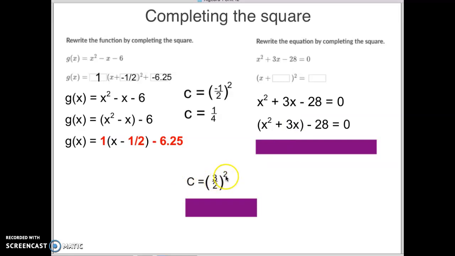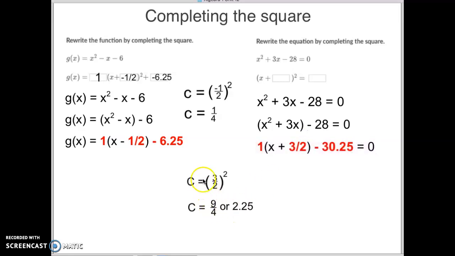Well, 3 squared is 9, 2 squared is 4, so that's where we get the 9/4 from, or 9 divided by 4 simply equals 2.25. So by putting that number in there, and by placing this 3/2 in for this spot here, we're truly adding 2.25 to the equation.